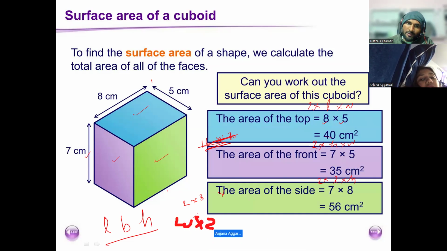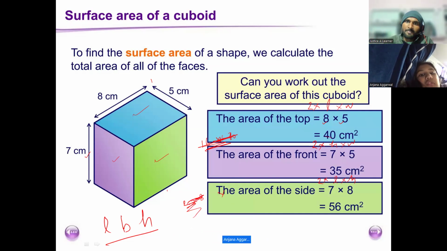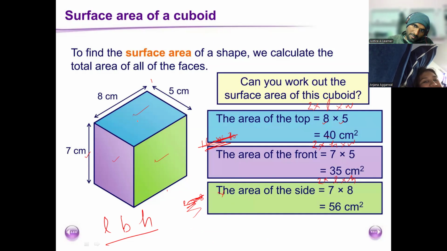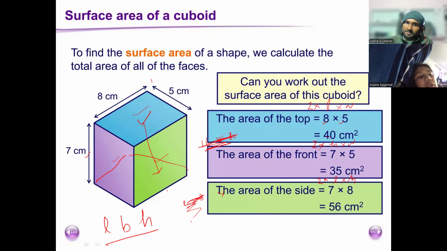You did not understand my point. Listen to me once again with a fresh mind. The area of top is equal to 40. Then the area of bottom would be what? 40. Then we will double both of them, so this part will be 80.